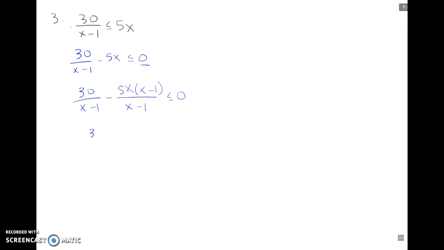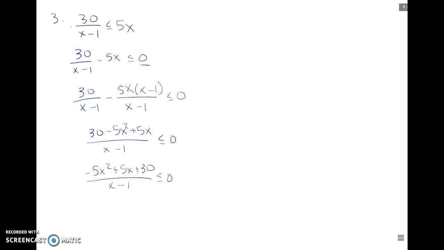You have 30 minus 5x squared plus 5x over x minus 1 is less than or equal to 0. All right, so I distributed the 5x, distributed the negative. Now I've combined like terms. I'm going to rewrite it as negative 5x squared plus 5x plus 30 over x minus 1 is less than or equal to 0.